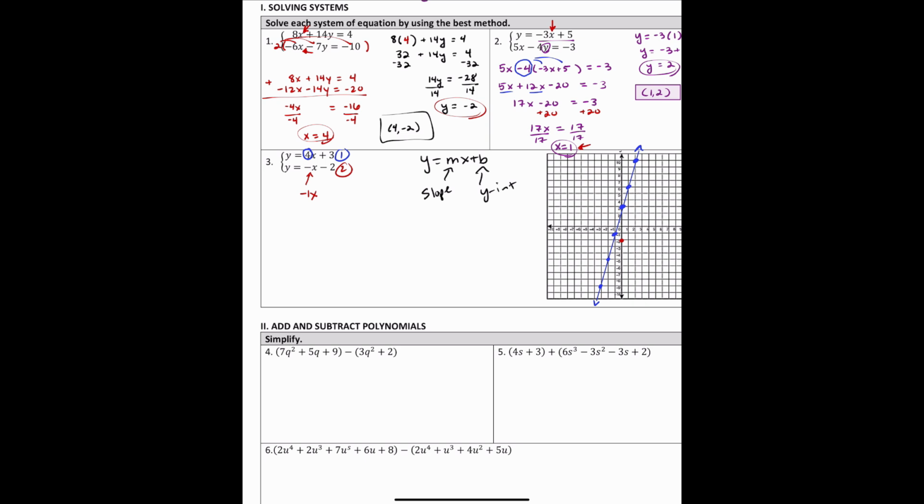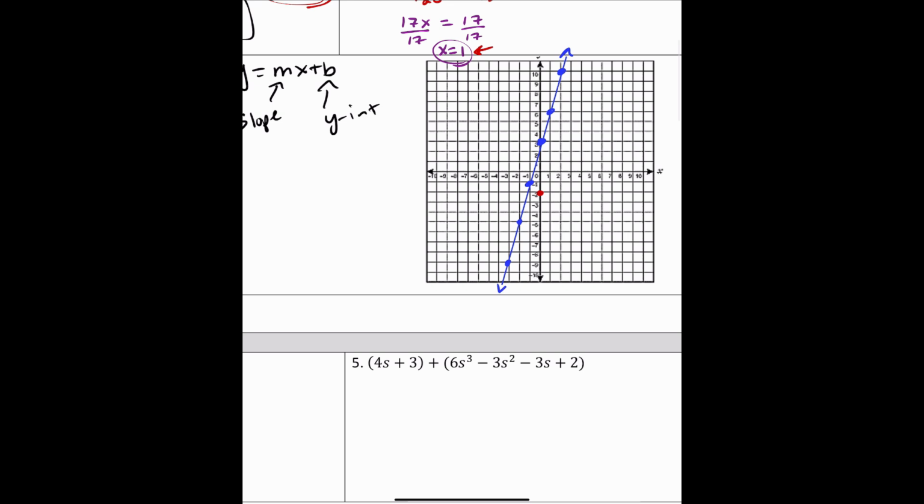So I need to go down 1, right 1, down 1, right 1, and then you're going to keep on repeating. And then you're going to go back to the y-intercept and do the opposite, which is up 1, left 1, up 1, left 1. And then you're going to keep on repeating.